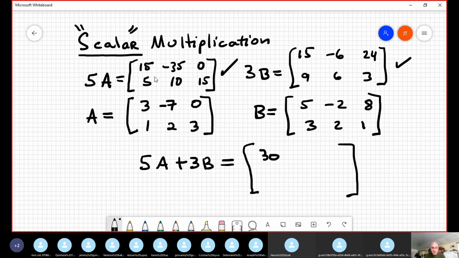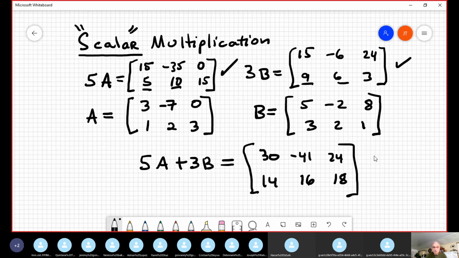Negative 35 minus 6 is negative 41. 0 plus 24 is 24. Okay, super easy. 5 plus 9 is 14. Okay, this is 5, 16, this is 10, and this 6 and 3 is 18. End of the story.